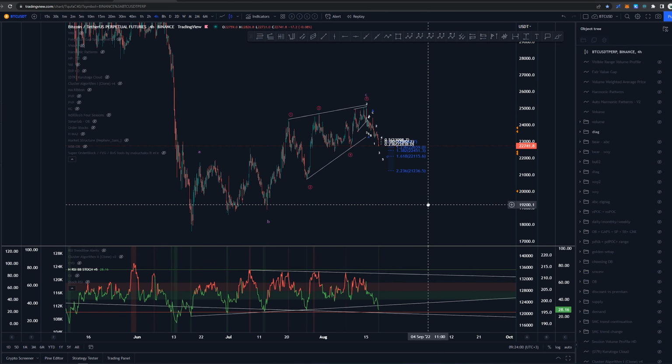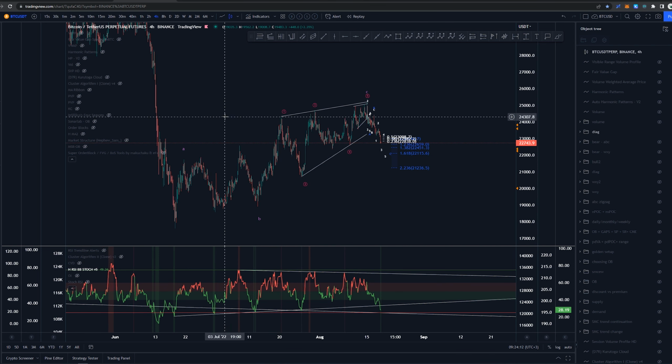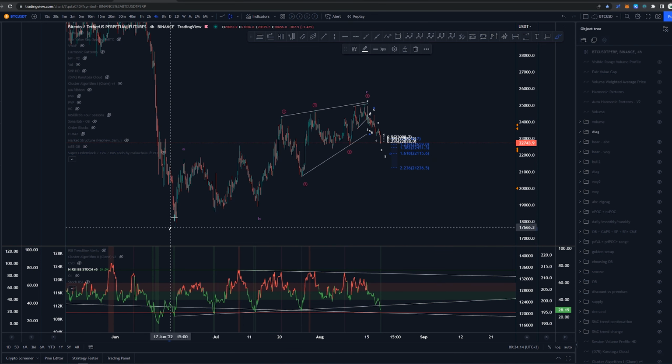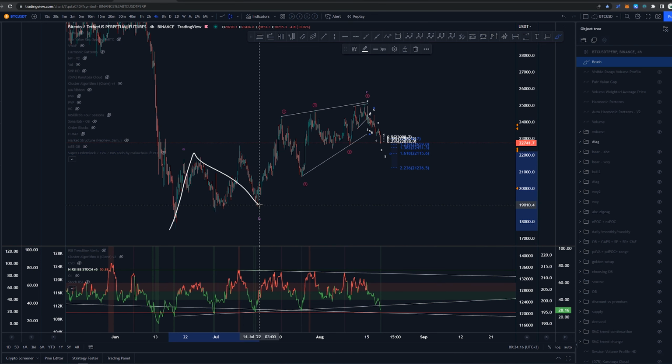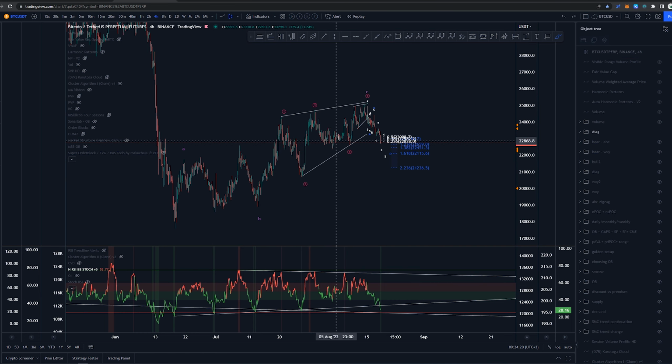The other one that I want to share is again the diagonal idea that we had previously. Now I've just relabeled it without the higher time frame weird diagonal possibilities here, so you can see the clear picture. In this one we would have this as an A, B and C, in which we had 1, 2, 3, 4 and 5.